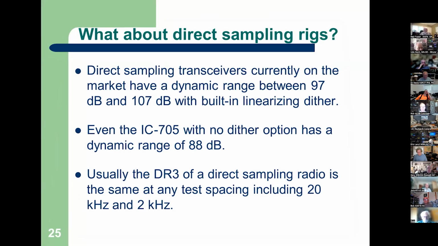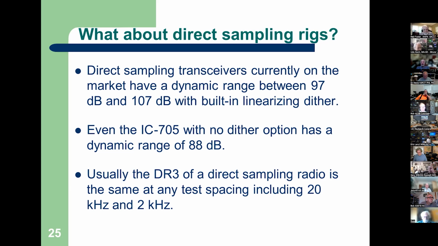So what about direct sampling rigs? Currently, those on the market that I've tested, the dynamic range is between 97 and 107. Probably you never noticed the difference on the air. And that's with the linearization turned on, which makes the lab numbers more consistent. Some people feel that on the air it doesn't matter, but it's hard to tell.